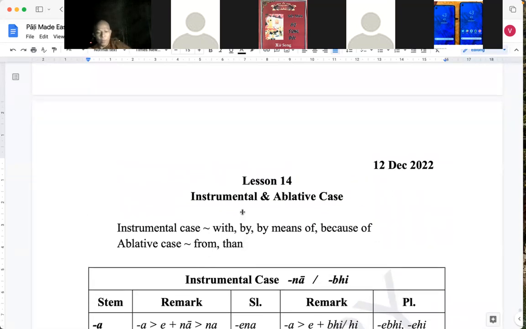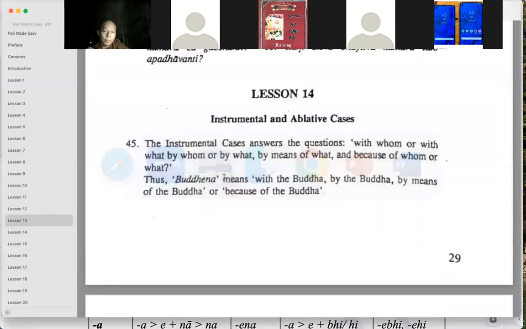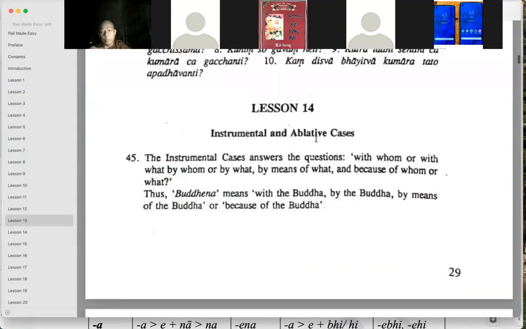Before learning, let's read the PME Easy. So in PME Easy, instrumental and ablative cases. You see here, the instrumental case answers the question with whom or with what or by whom or by what.